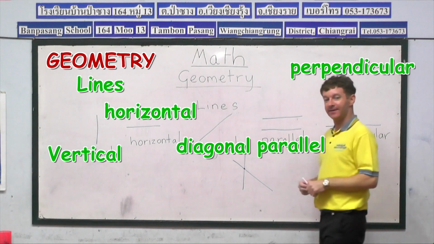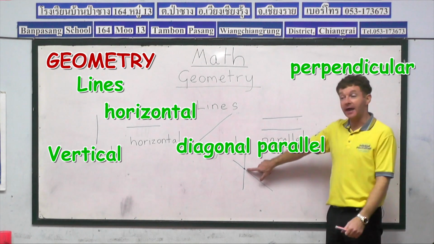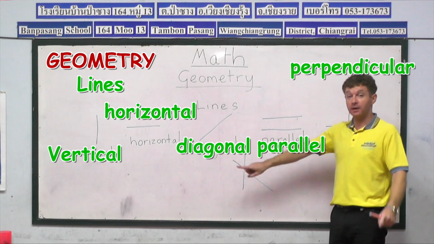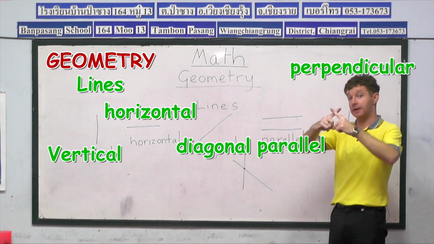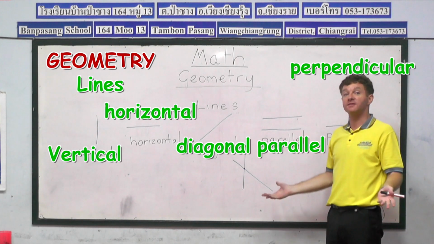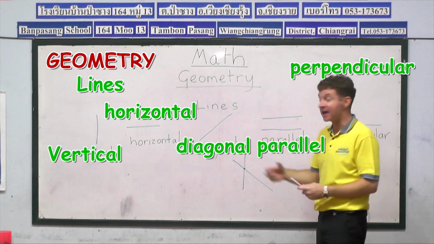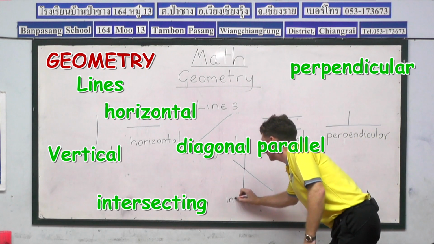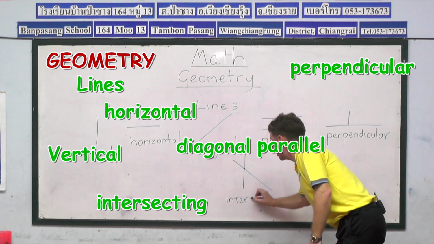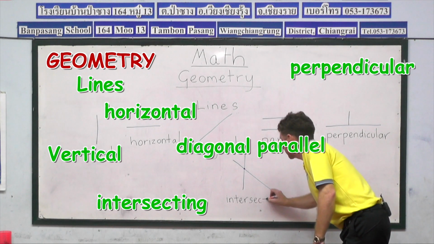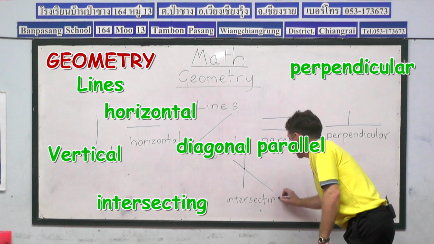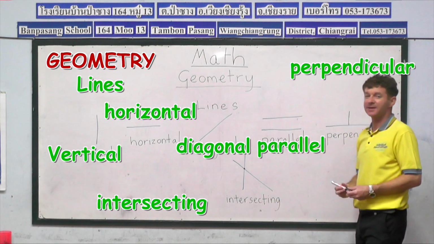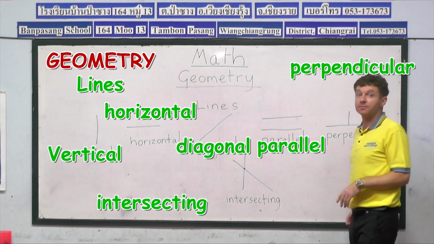Intersecting. Yes, intersect means to cross. If 2 lines intersect, they cross. And we call these lines intersecting. I-N-T-E-R-S-E-C-T-I-N-G.